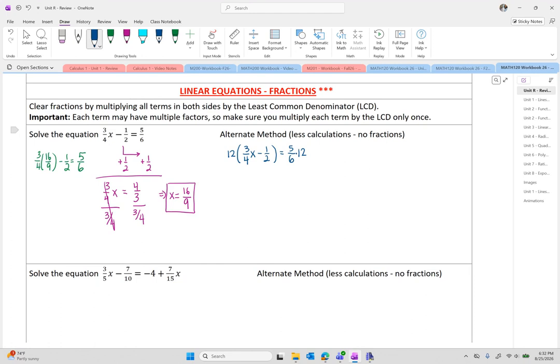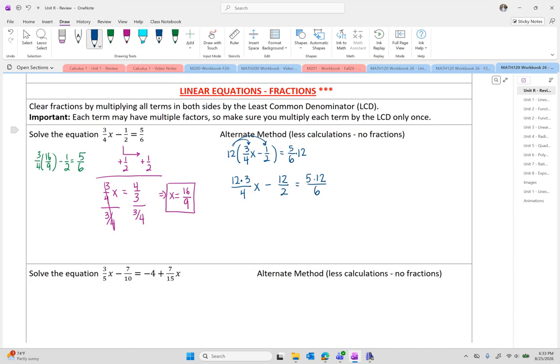You want to see the 12 so that you can simplify. My first distribution will be 12 into the 3/4 x, so it will look like this: 12 times 3/4 x minus the next one will be the 12 with the 1/2, so it will be 12 divided by 2, equals 5 times 12 divided by 6.